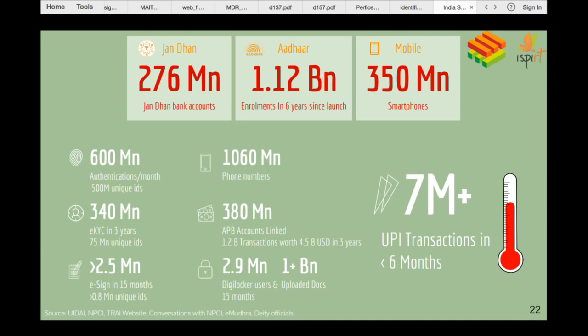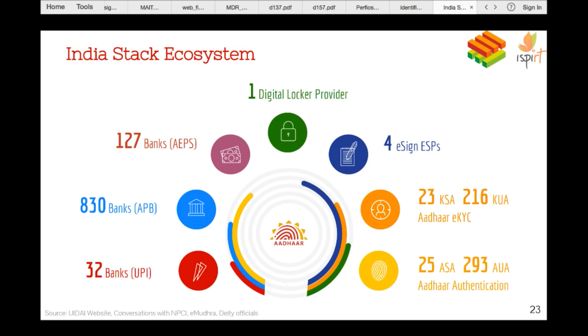The Aadhaar payment bridge, which is used for direct benefits transfer, is also close to 400 million. Multiple billion dollars worth of transactions have gone through the system over the past 3 years. With UPI, there have been over 7 million transactions in the last few months, and so on. The numbers just keep growing.